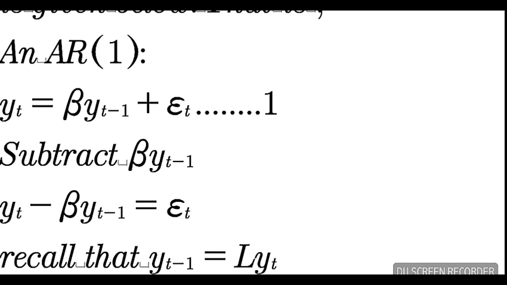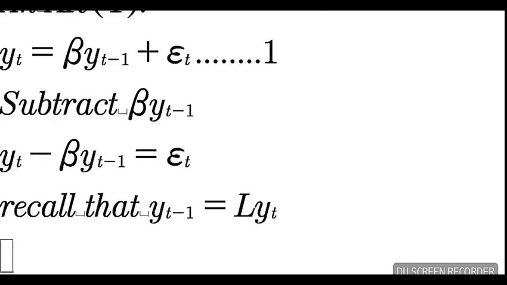So from equation 2, in place of beta times y sub t minus 1, I shall put L y sub t, meaning that it is the first lag of y.